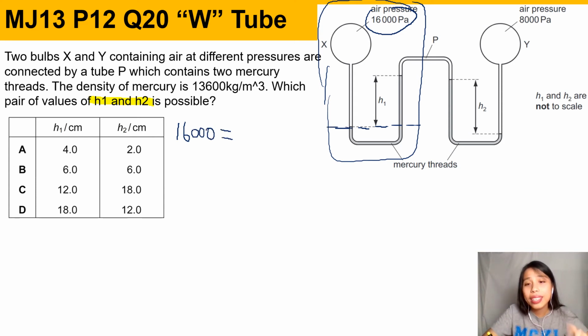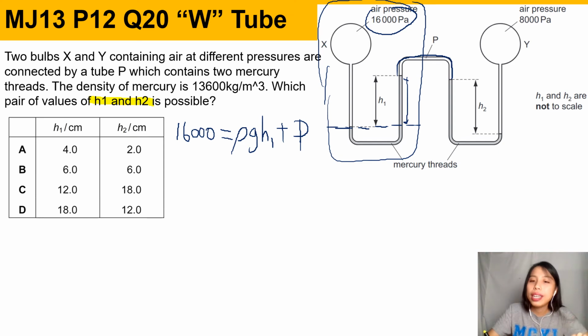Pressure on the right will be from this column of mercury here, so density of mercury times g times H1, plus the pressure in this part of the tube. I don't know what it is, so I just put P for now. Okay, that's for the left side.